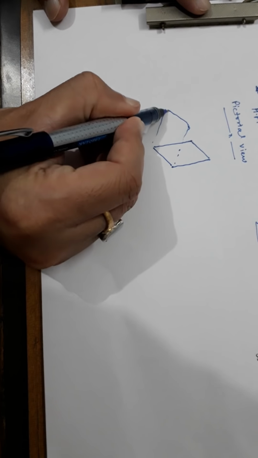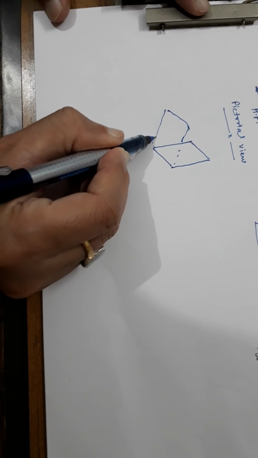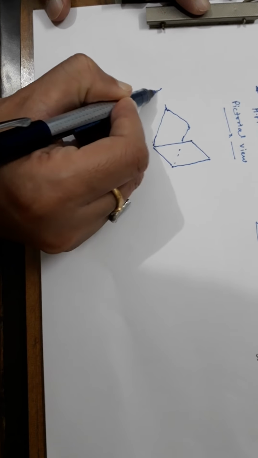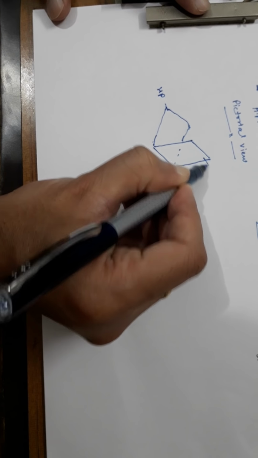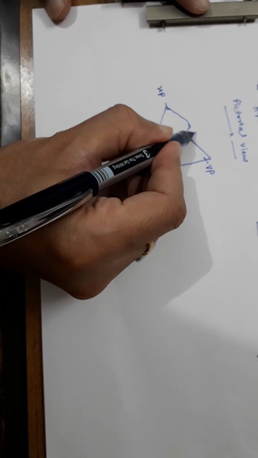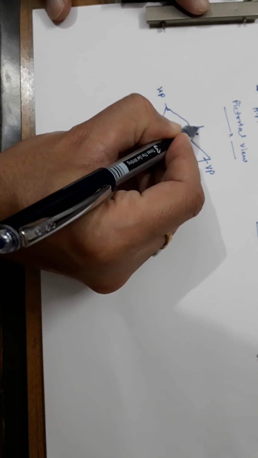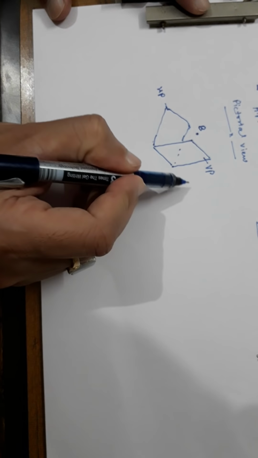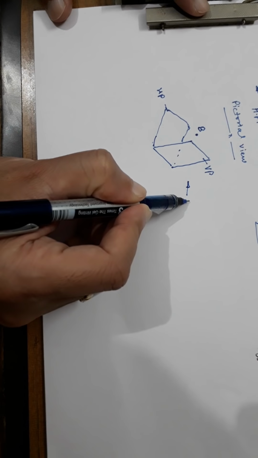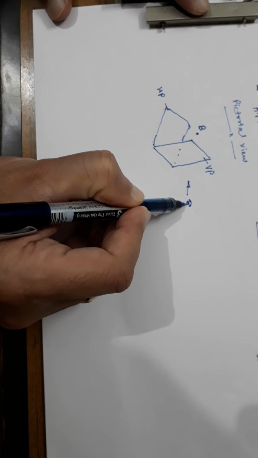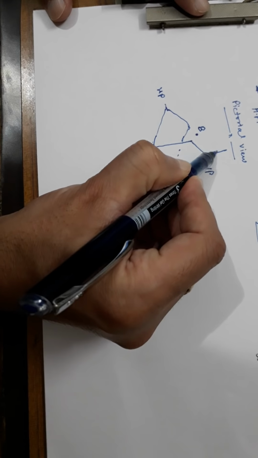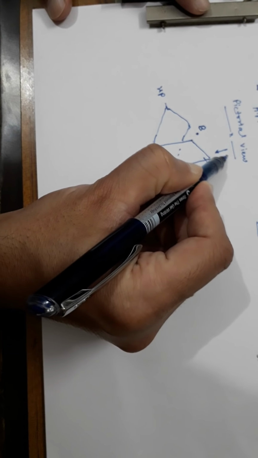The point is somewhere here, say B. Point is B, and you are viewing from this side. The viewer is on this side for the front view, and here for the top view.